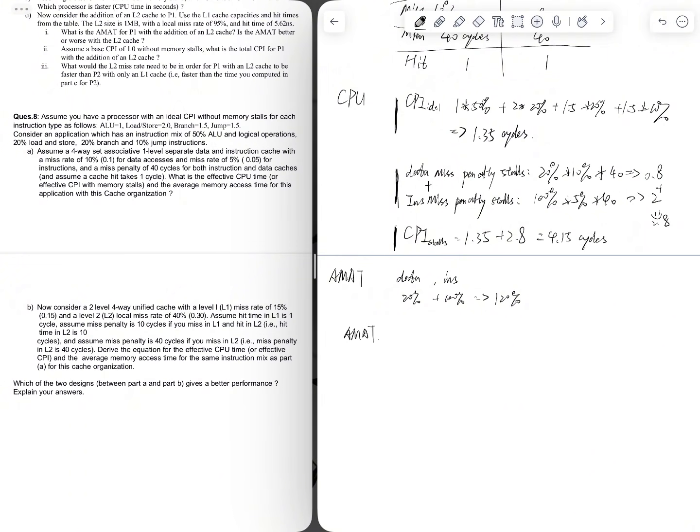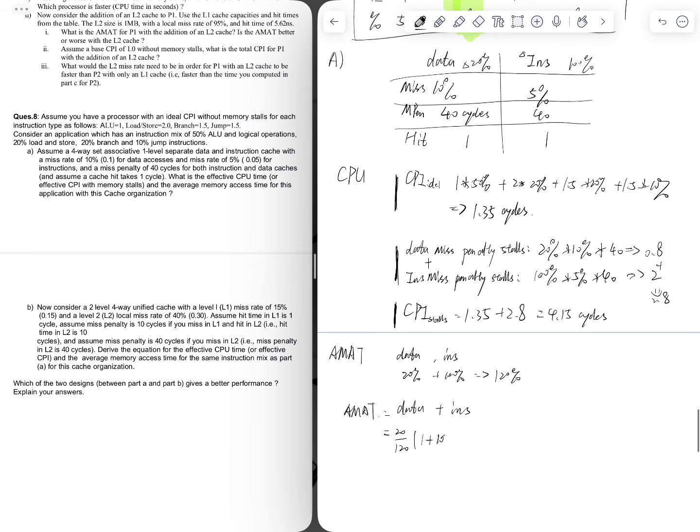So for the data part plus the instruction part, right? For the data part, how many fetches are for data? It's 20 out of 120, right? We use the AMAT: one is the hit, and we have 10% miss with a 40 penalty.